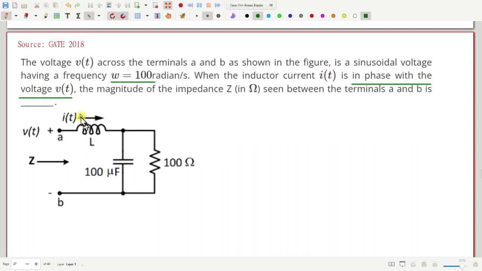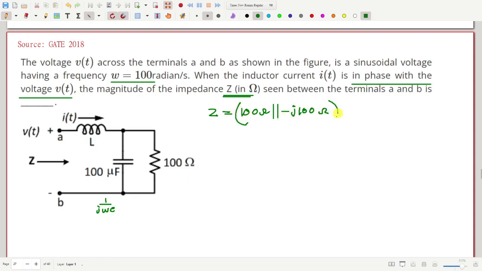Now from this condition, we have to find the value of Z, the overall impedance. So how do we do that? First, Z is equal to 100 ohm in parallel with this capacitor. How much is this capacitor impedance? That is 1 over J omega C, so that is minus J 100 ohm.